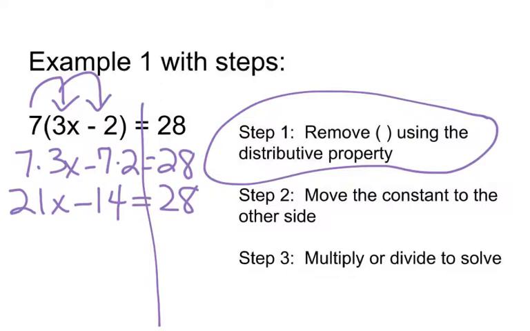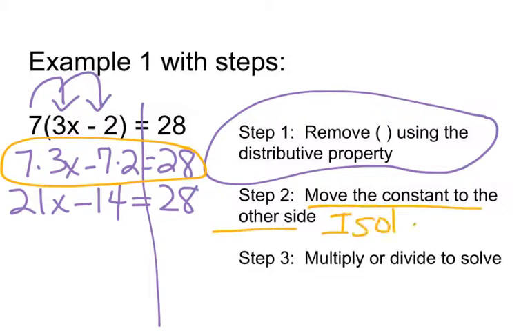Now this step here is not required. I can say 7 times 3 is 21, so that's 21x. And 7 times 2 is 14, and it's one positive, one negative, so it's still minus 14 equals 28. Now I'm going to move the constant to the other side, or what I've been saying before, isolate the x term.